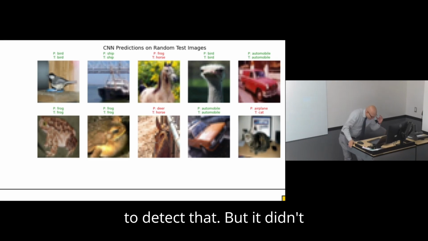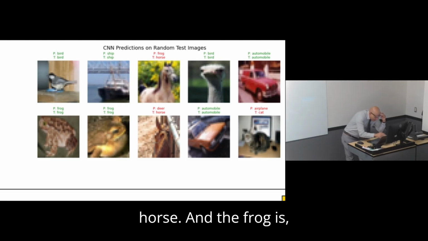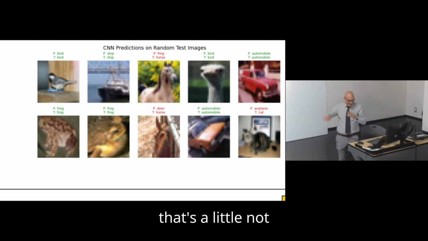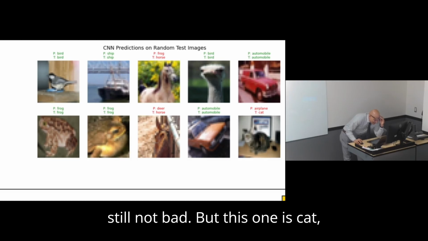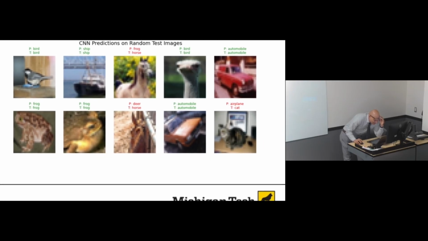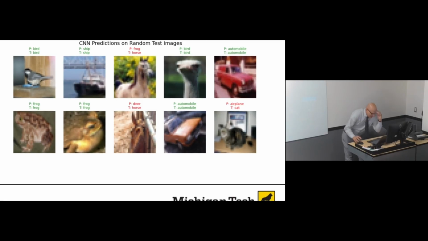It didn't detect bat, it detected deer, but it's a horse. The frog is a little not good, but this is also a horse, but it's still not bad. But this one is a cat, but it detected airplane, probably because of the window behind.